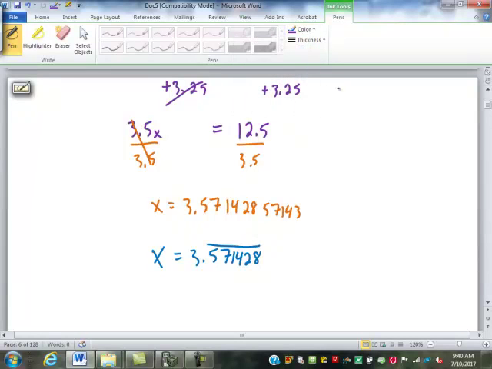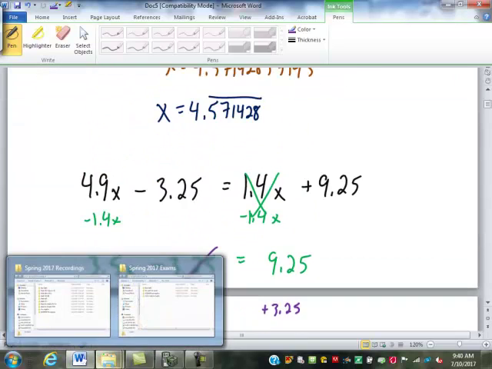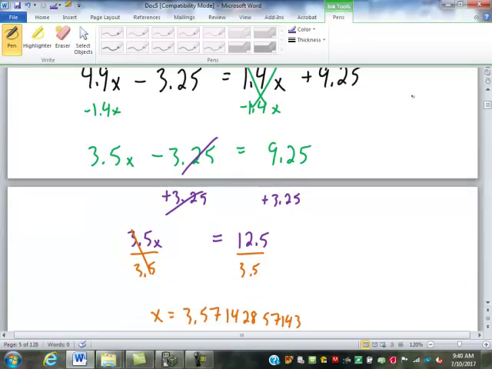Now there is an alternative here. Rather than writing out these repeated decimals for every answer, I could have expressed each of these as a fraction. For example, here I have 12.5 over 3.5.